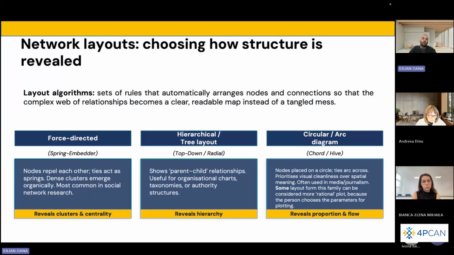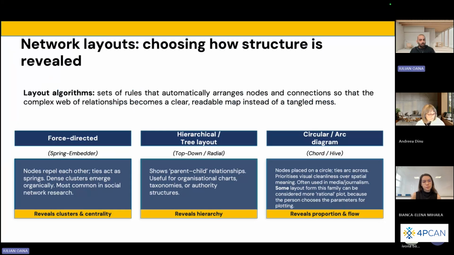Now, there are various layout algorithms for various purposes. We need to know what we want to express through our visualization to know what is best to choose, because each algorithm or family of algorithms has its purposes, its strengths, but also its shortcomings. What I've put here are three general families of algorithms.